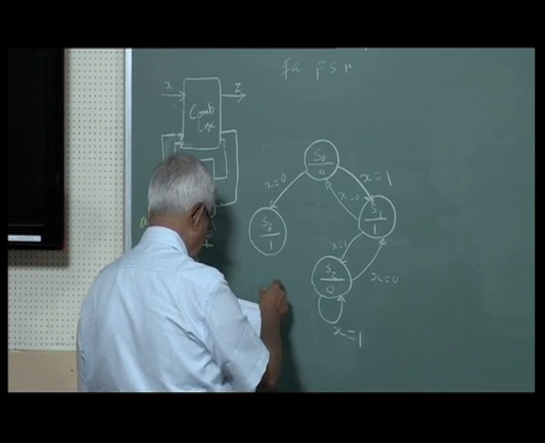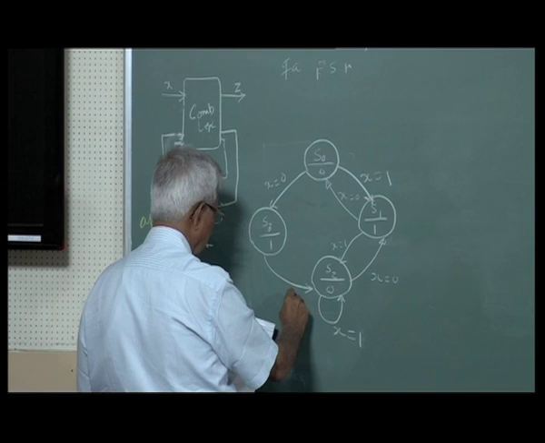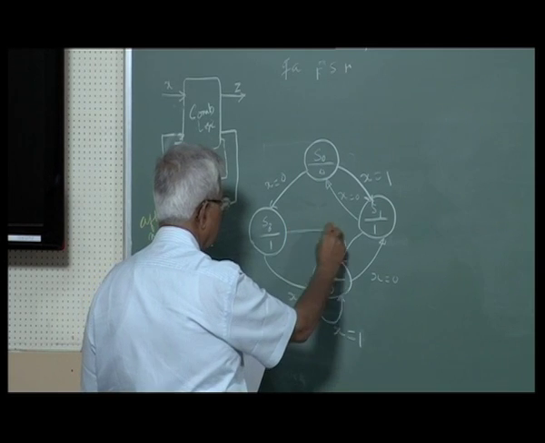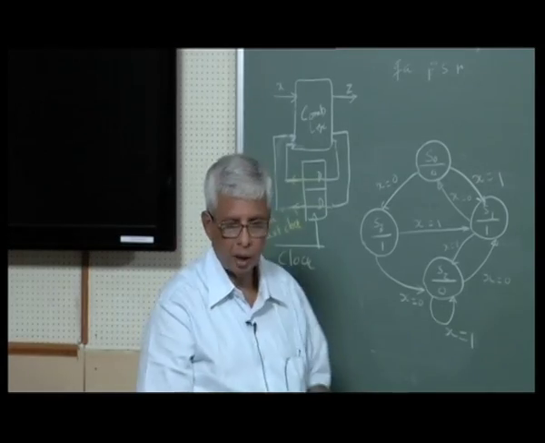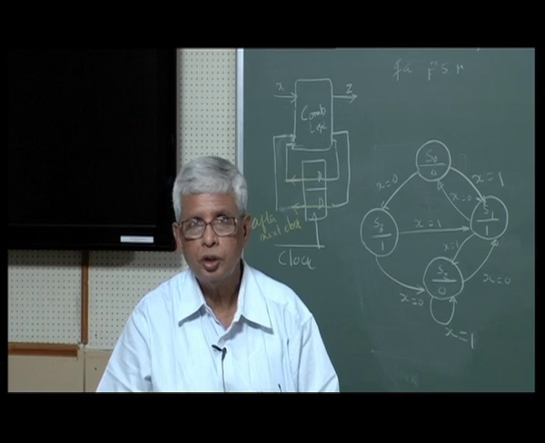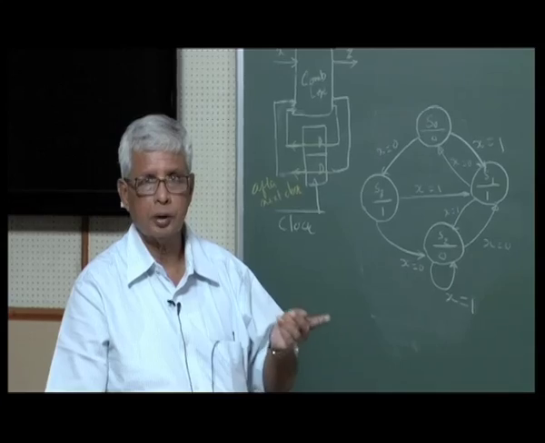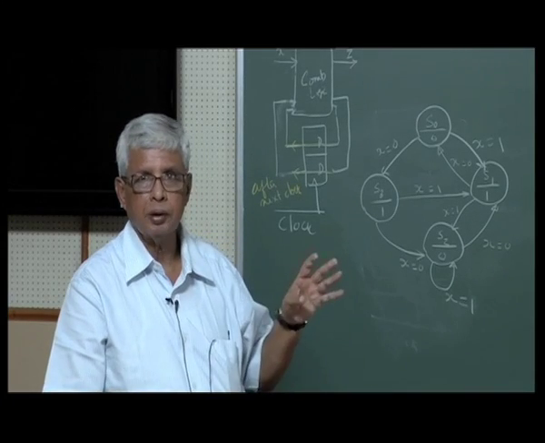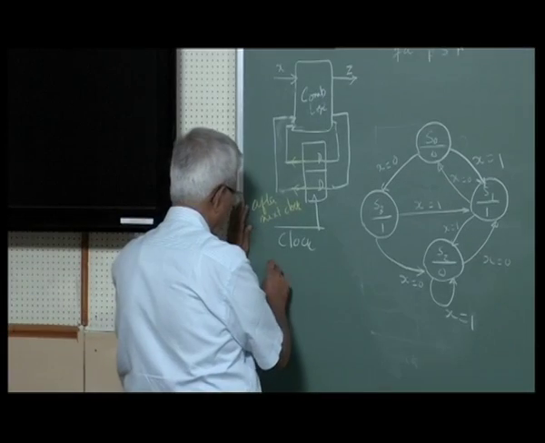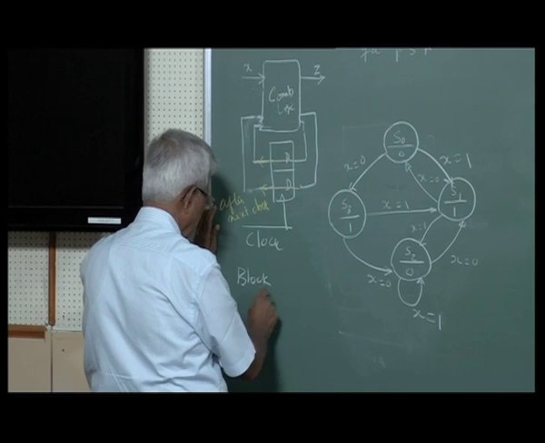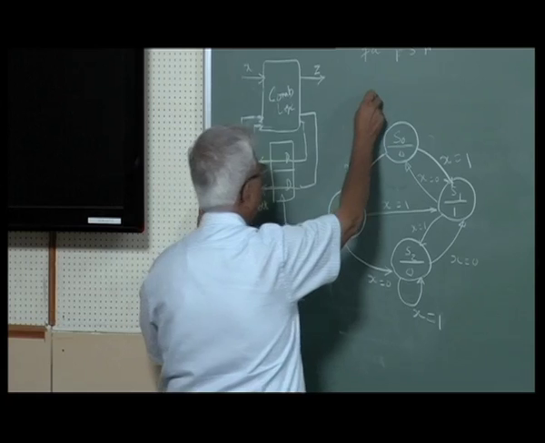In this state, x is 0, goes here. We have to make sure that since there is only one variable, from each state there should be 2 arrows going out. One corresponds to x is 0, the other corresponds to x is 1. This is important. We have to check this after drawing the state graph. So, this is the block diagram. This is the state graph.